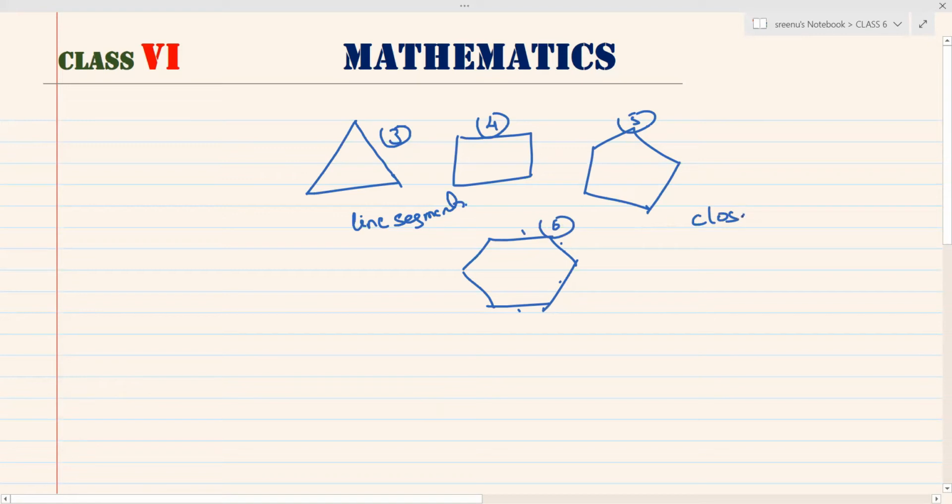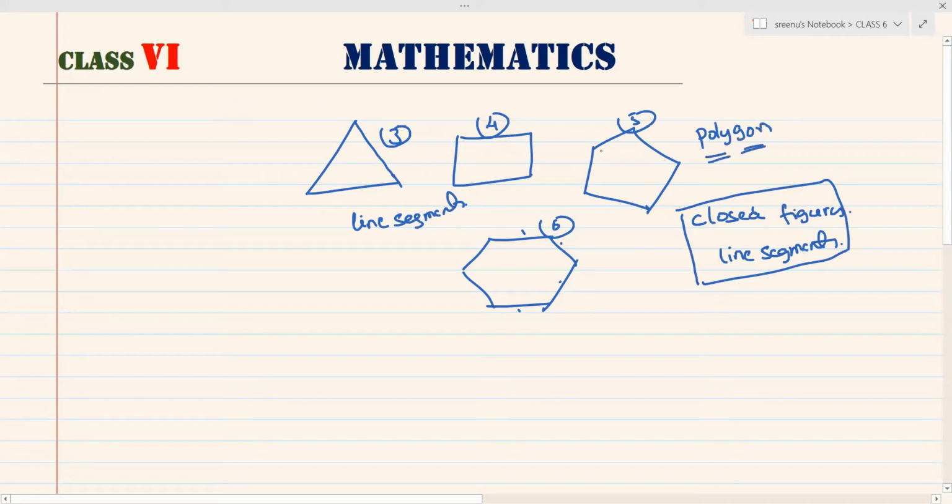So 2 points you can remember here. These are closed figures and formed with line segments, right? A closed figure formed with line segments is called a polygon.